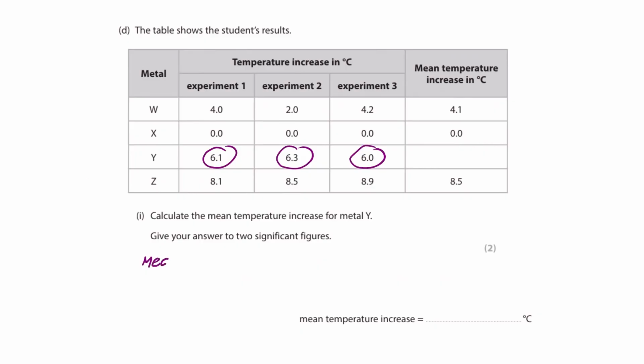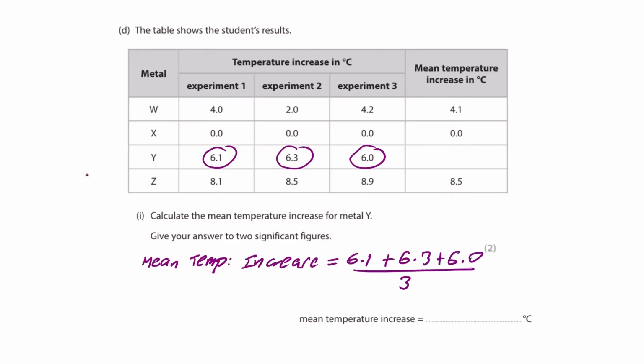So mean temperature increase equals 6.1 plus 6.3 plus 6.0 divided by 3.